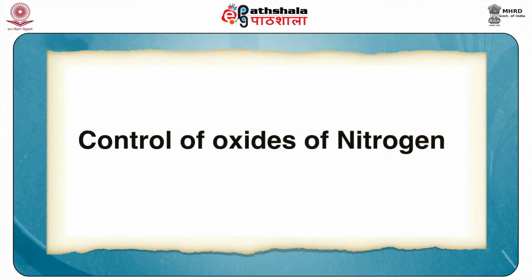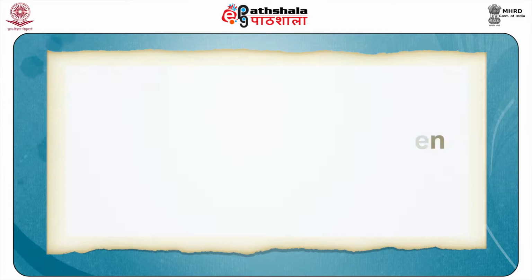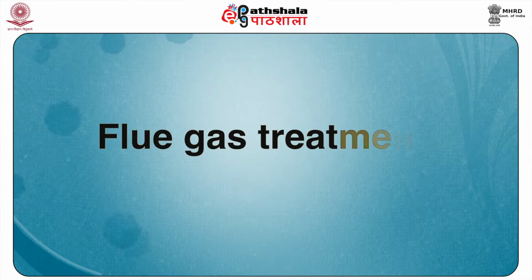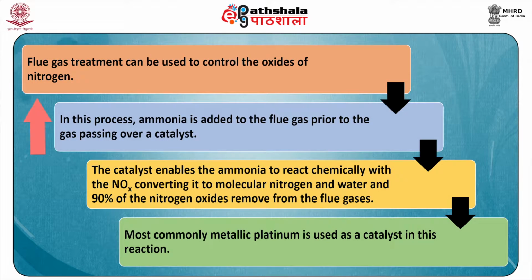Control of oxides of nitrogen. Fossil fuel based power plants and automobile exhausts are the main sources of oxides of nitrogen. The oxides of nitrogen can be controlled by two methods. Flue gas treatment. Flue gas treatment can be used to control the oxides of nitrogen.